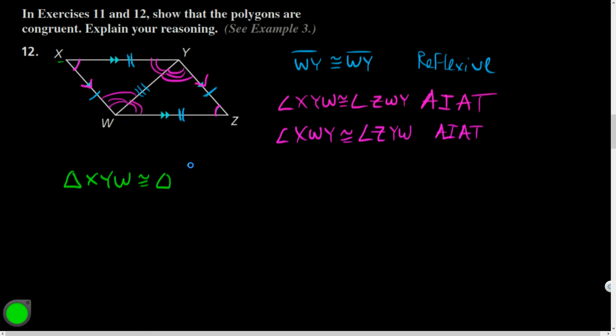X corresponded to Z, so it's got to start with Z. X, Y, W, so I think it's Z, W, Y. And the reason I can say those are congruent is this: corresponding parts of congruent figures are congruent.